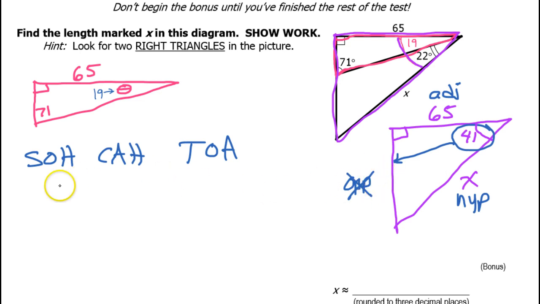It is useless. So sine involves that useless opposite side, throw it out. Tangent involves the opposite side, throw it out. That leaves cosine. So we will do cosine of the angle we circled, and that should equal adjacent over hypotenuse. So that's going to be 65 over x.